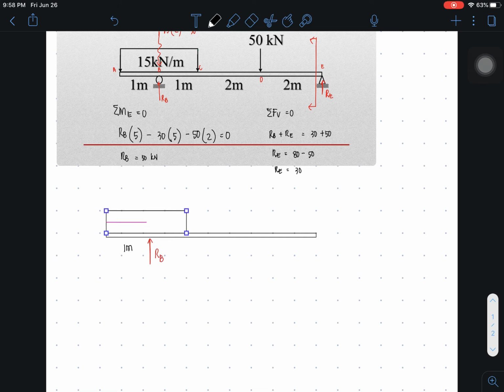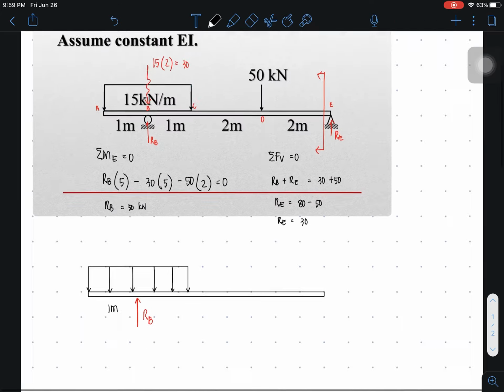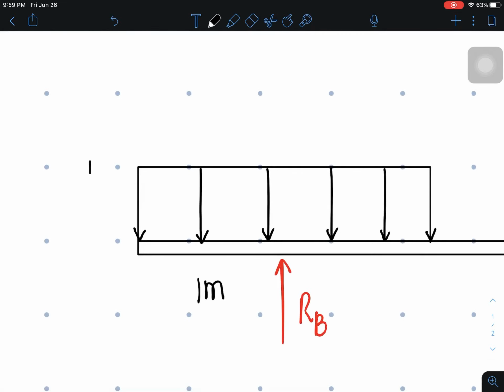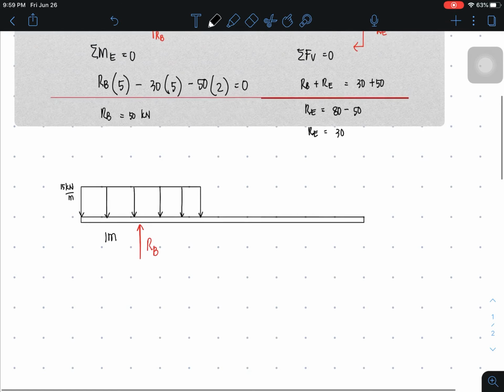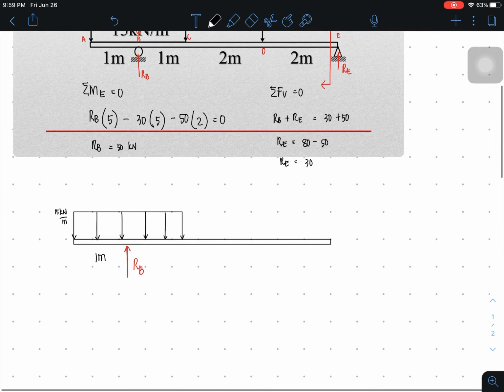So here, this is the load. Now, and we have 15 kilonewtons per meter. Do not write the resultant anymore, kay later on mausab pa na siya.